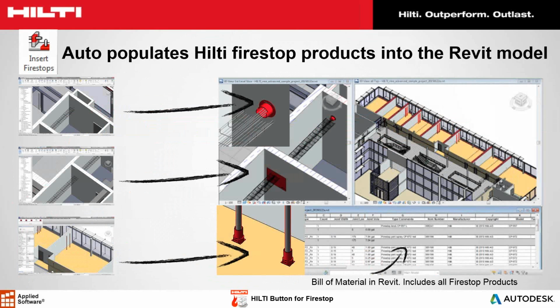In this case, it's Revit, or it also could be AutoCAD MEP or FabMep, and populating the BIM model with the HILTI Firestop products, and those are created as true Revit families or AutoCAD families as well, or components.